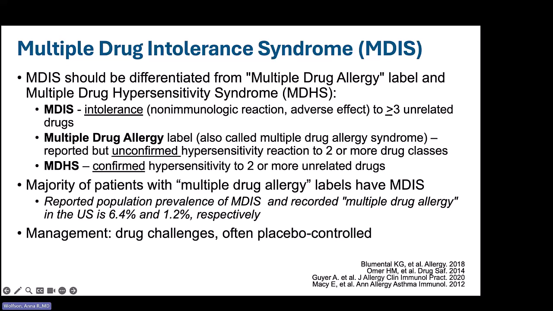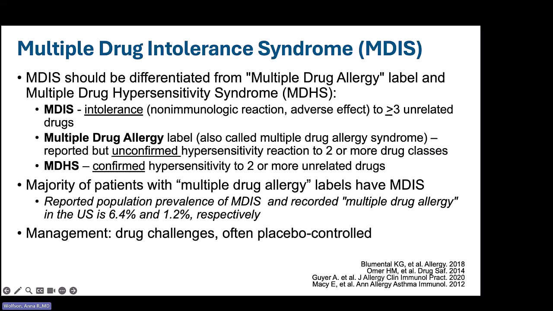Multiple drug allergy, which is also called multiple drug allergy syndrome, is where they have reported but unconfirmed hypersensitivity to 2 or more drugs. And then MDHS is where the hypersensitivity is actually confirmed. And the thing is that most patients with multiple drug allergy labels have an intolerance manifestation.